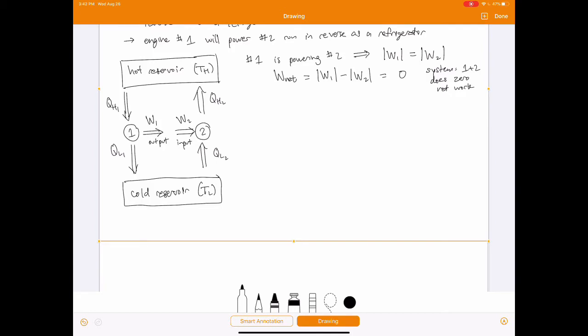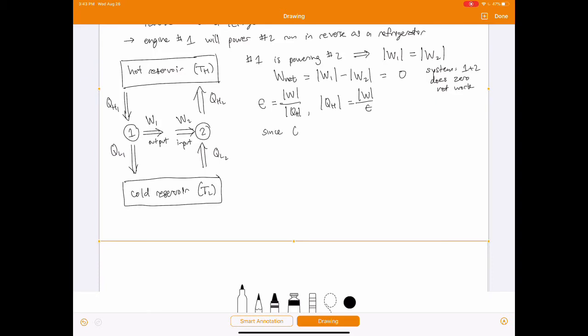The next thing we can do is bring in the idea of efficiency. Remember, efficiency in general is the work divided by QH. But we can solve for QH, and that would be the work divided by the efficiency. So here's the idea.